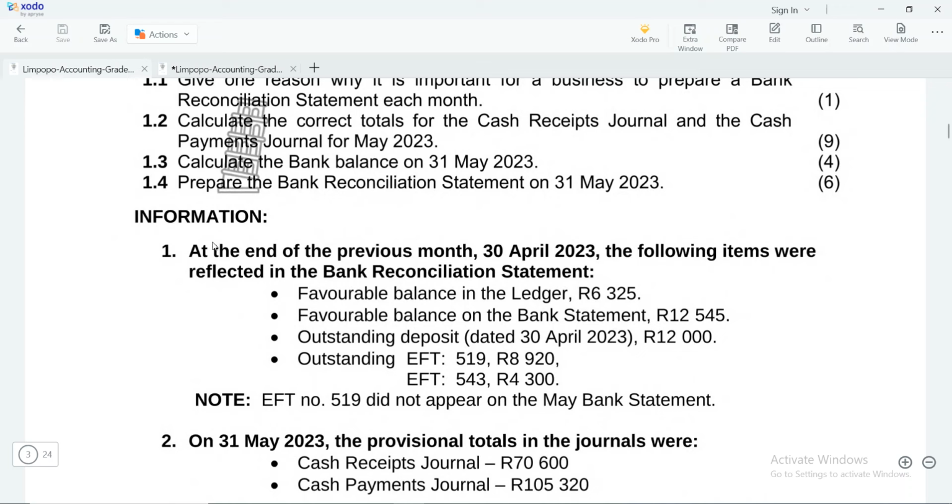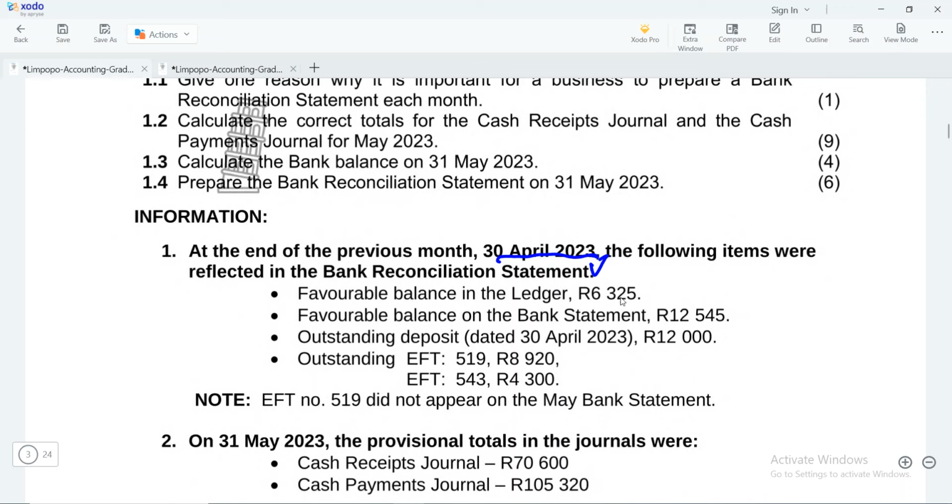So here they're saying that at the end of the previous month, 30 April 2023, the following items were reflected in the bank reconciliation statement, meaning that these are the things that were highlighted in the previous month's BRS. So when we get our bank statement this month, immediately we need to make sure that these things are reflected.